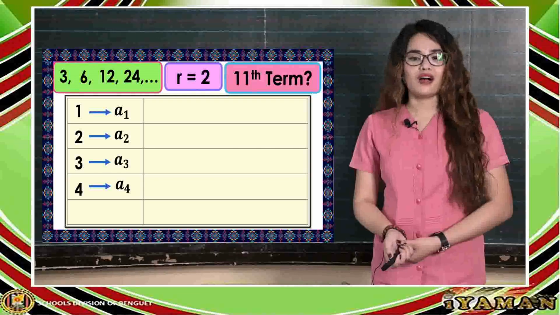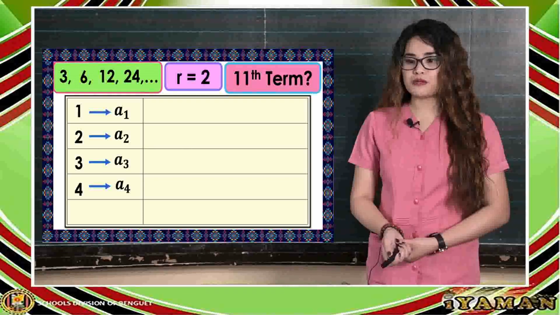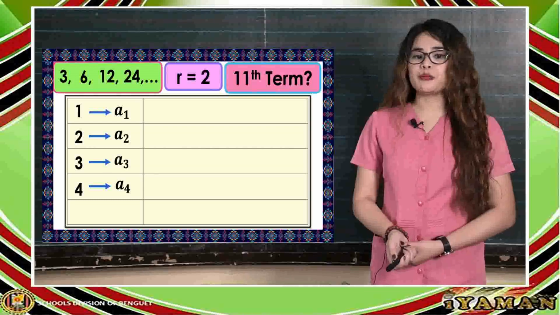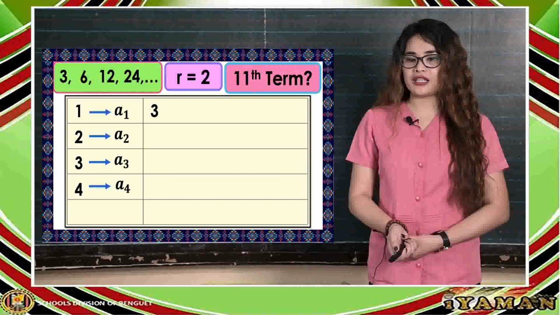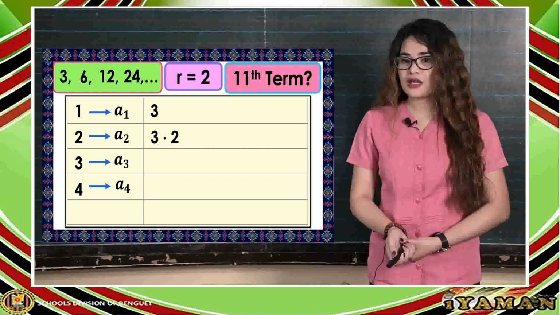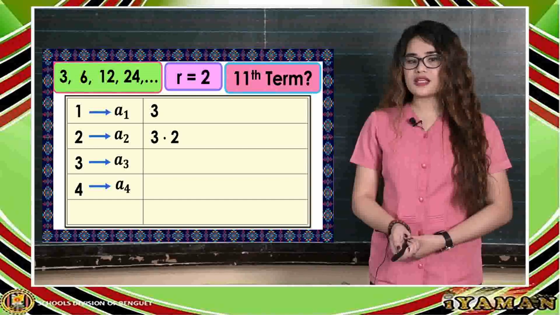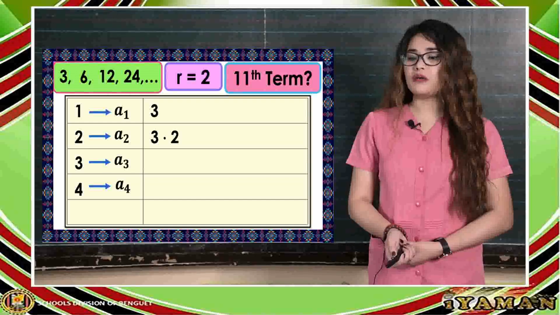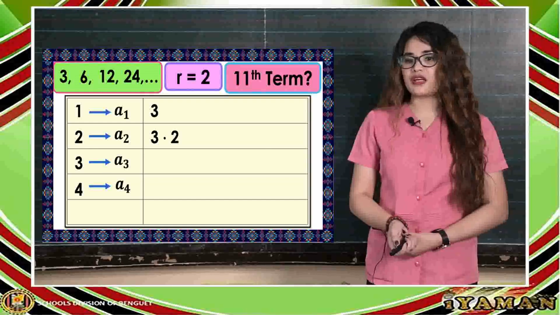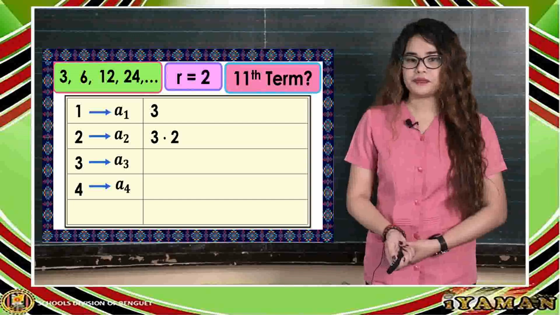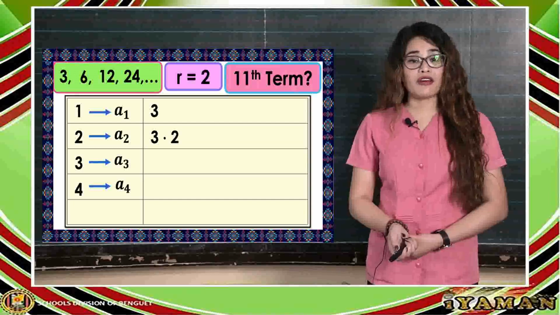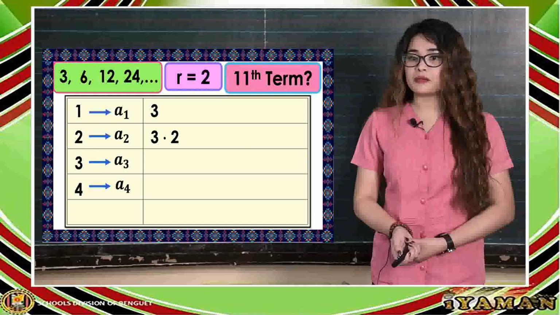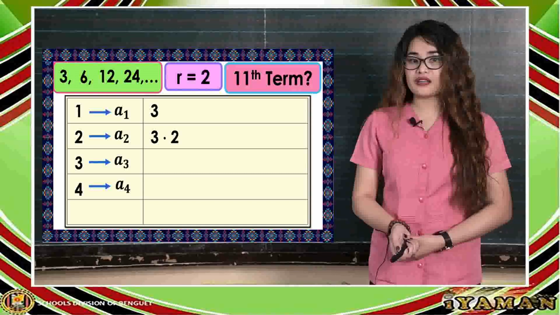In the second column, let's write the terms. So the first term, a sub 1, is 3. The second term, a sub 2, is 6. But we get that 6 by multiplying the 3 by the common ratio, so let's just write 3 times 2. Now, if I take that term and multiply it by the common ratio, I'll get the third term.